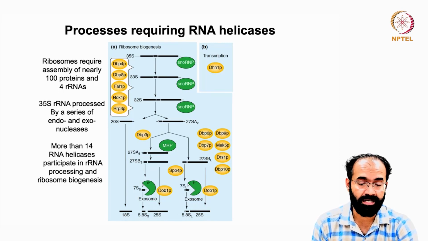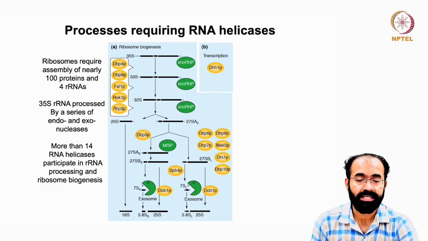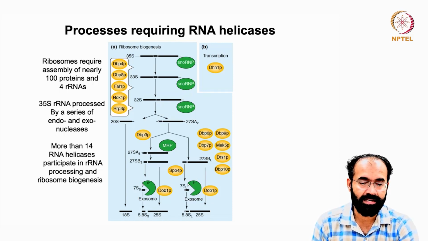They are in this snoRNP form, and the helicases that perform this assembly are DBP4P, DBP8P, FAL1P, ROK1P and RRP3P. So these are all different enzymes, these are all helicases. So they contribute for the assembly, and also that's not it.